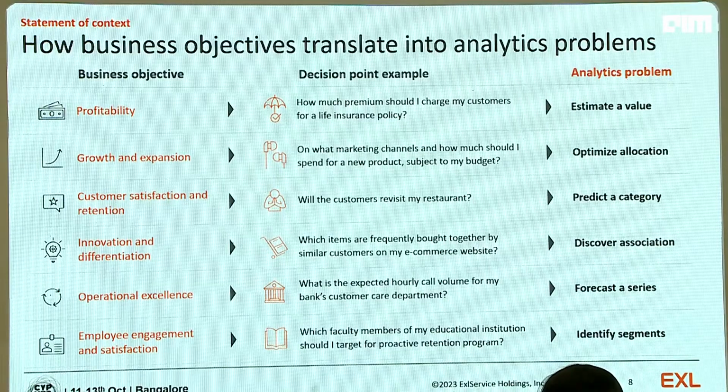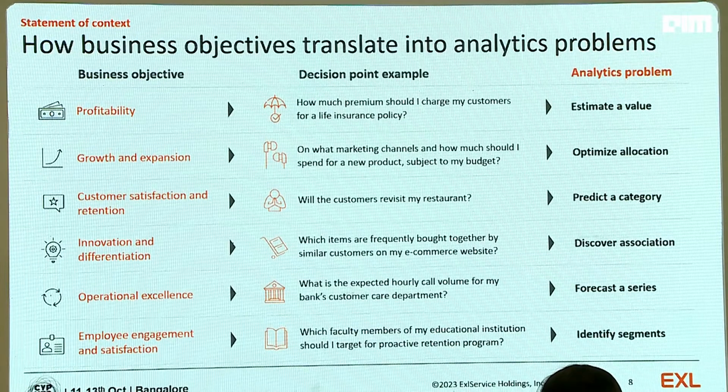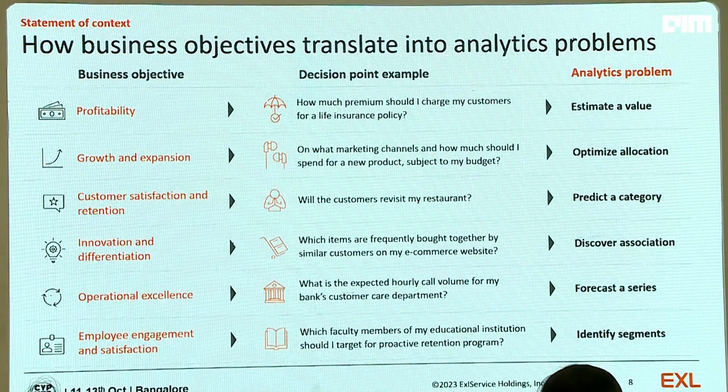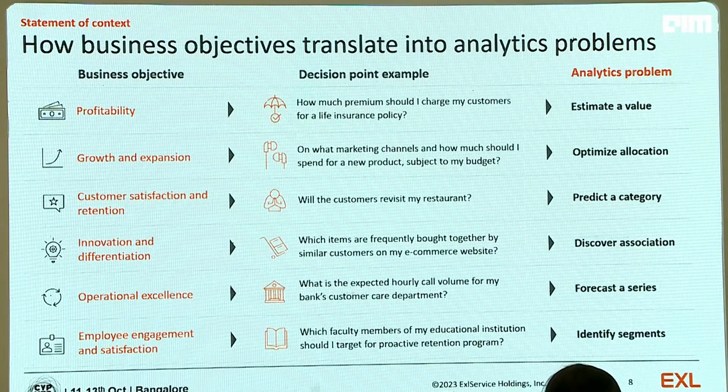They need to decide which faculty members they need to retain and incentivize. First of all, they would do a segmentation exercise. It's a problem of clustering. So this is just to give you an example of how these objectives get translated into decision points and then eventually into a statistical or analytical problem.